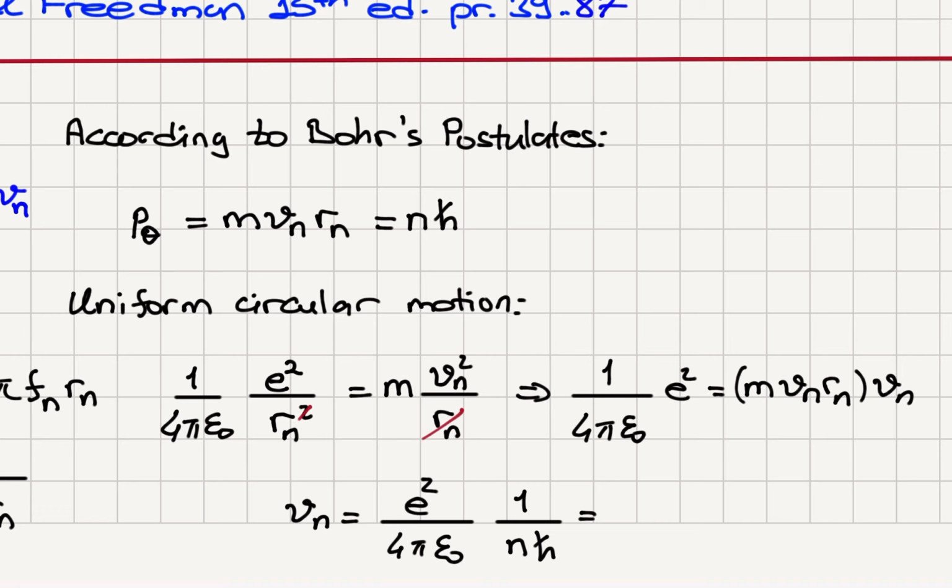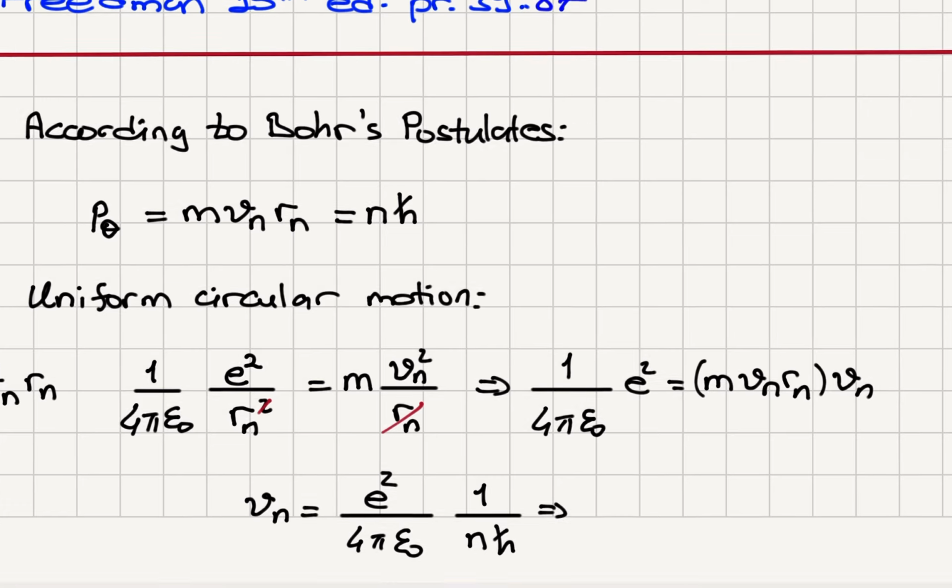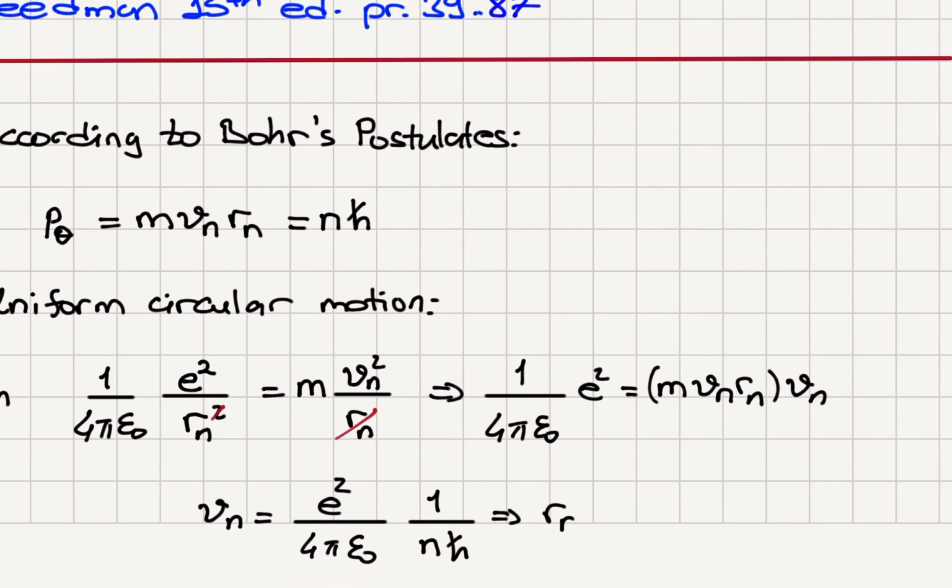So this tells us that the radius of the orbit is equal to n h bar divided by mass times its tangential speed. So r sub n is n h bar divided by mv. And here we can substitute for v the result that we have just found, e squared over 4 pi epsilon 0 n h bar.